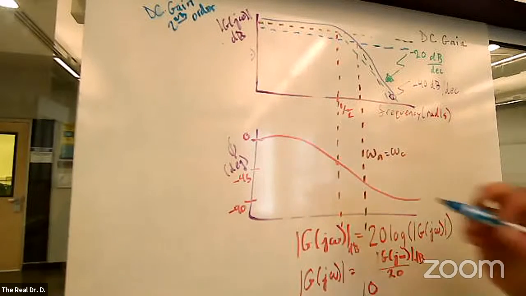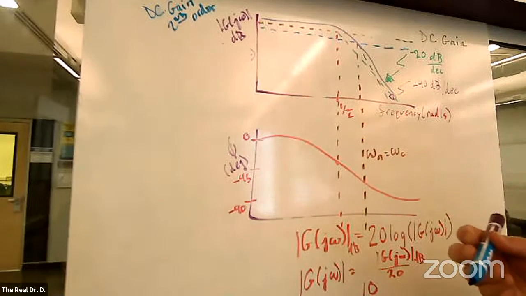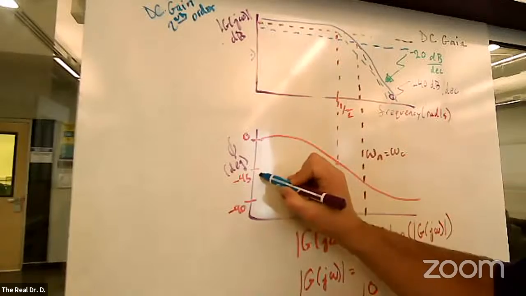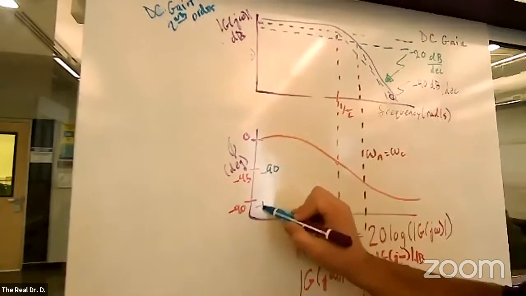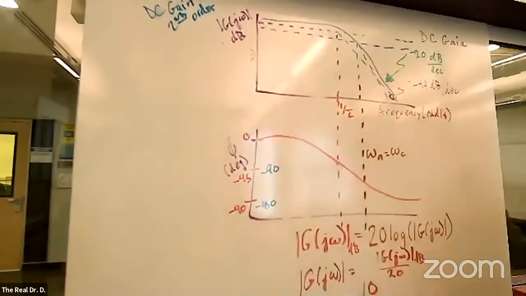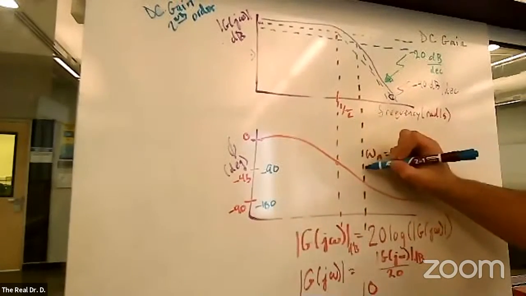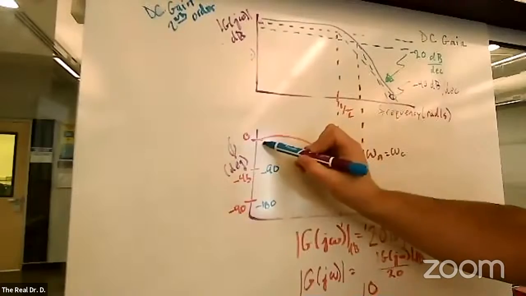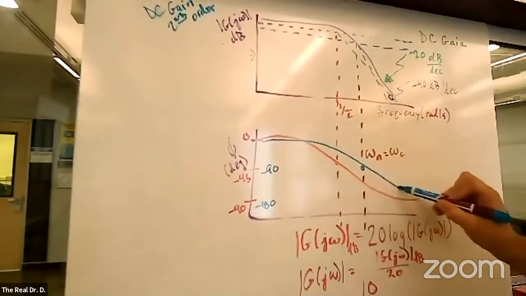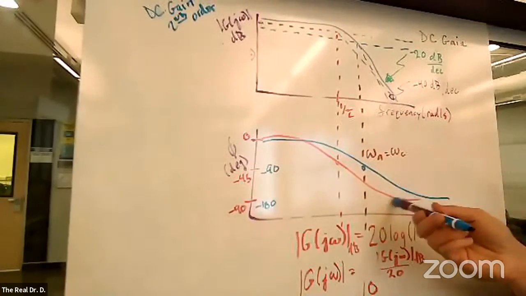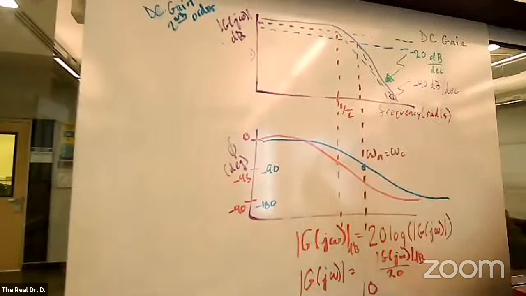So what about phase? Phase goes from 0 to minus 180, and it crosses minus 90 at the corner frequency. The steepness of this part of the curve, right before it enters the minus 90 phase, depends on the damping ratio.